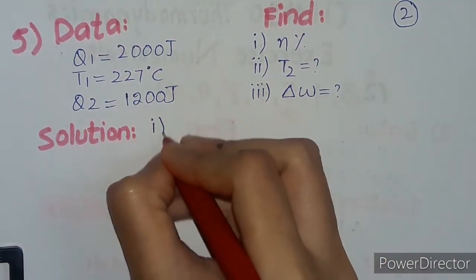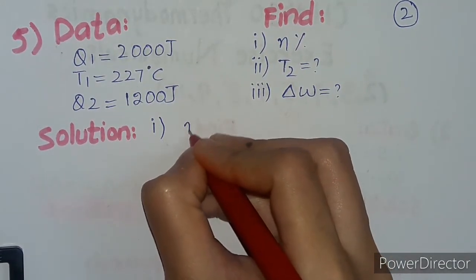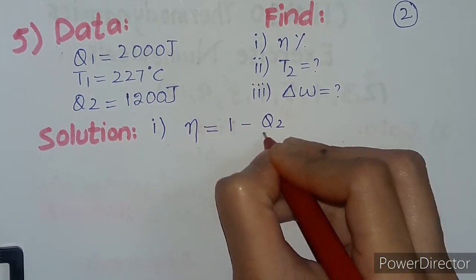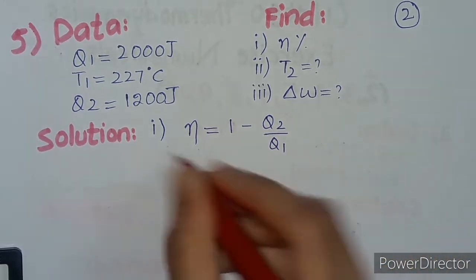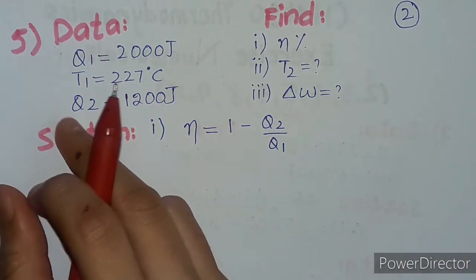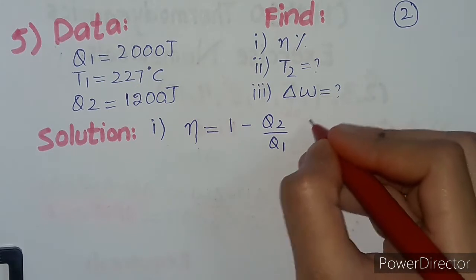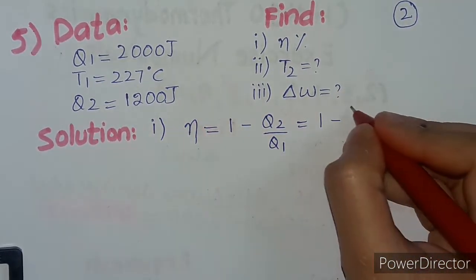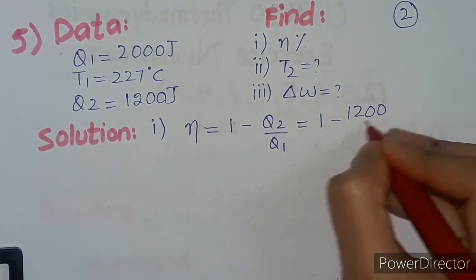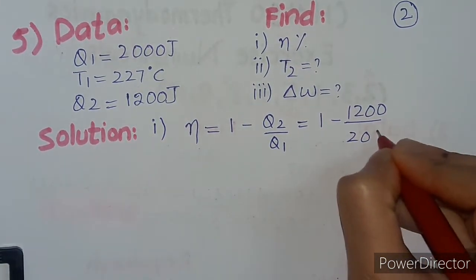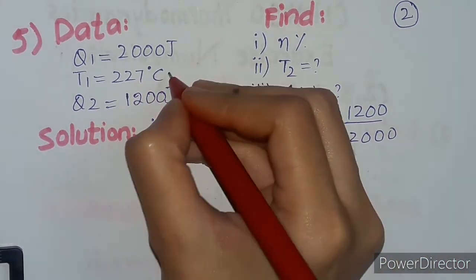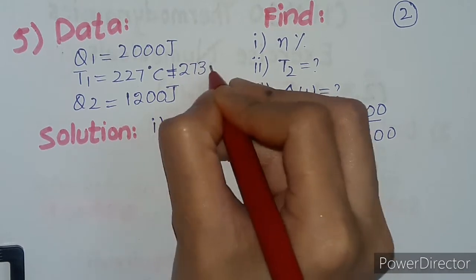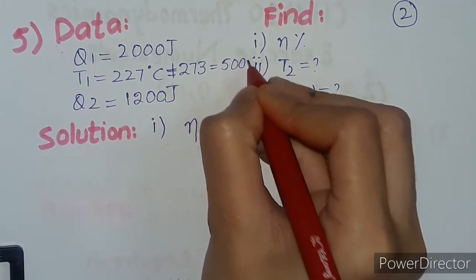So in the first part we will use the formula efficiency is equal to 1 minus Q2 divided by Q1, because we are given the heats. So it will be 1 minus 1200 divided by 2000, and T1 converted into Kelvin by adding 273 is 500 Kelvin.